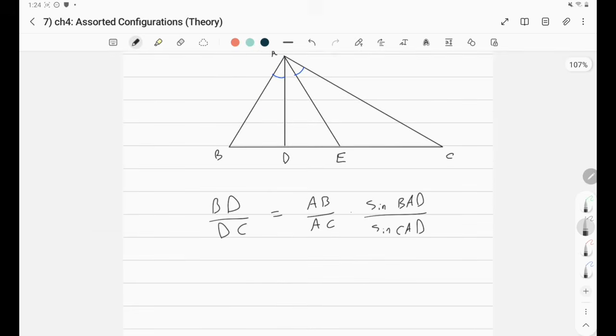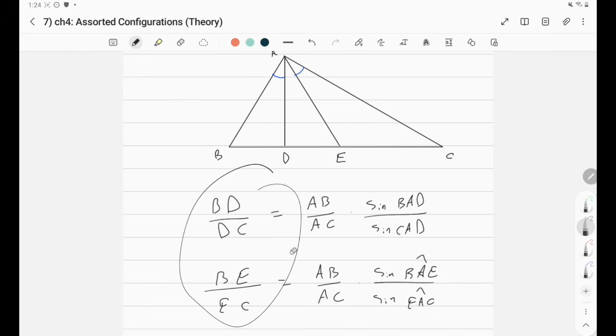We can also do the same thing for BE: BE over EC is equal to AB over AC times sine BAE over sine EAC. Well, guess what? Now if you just multiply these, we will get this squared, and these will cancel.